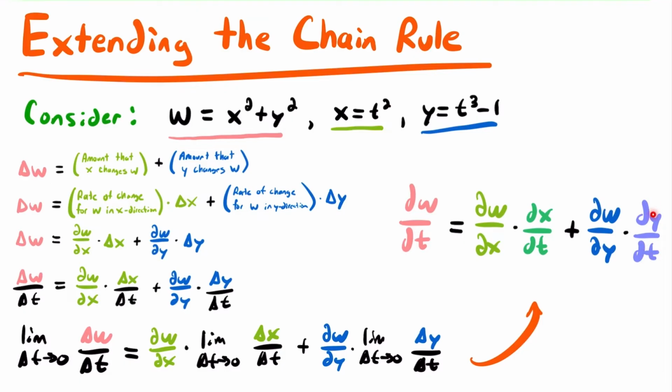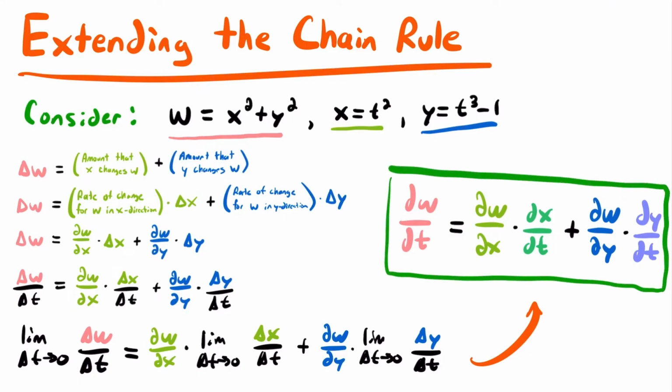Again, that is not a partial derivative, that is a regular derivative. Just like dw dt is not a partial derivative, it is a regular derivative. It is a derivative of w with respect to t. And what we have found here is the chain rule for multivariable functions, at least the most basic form, right? When we're working with two intermediate variables.